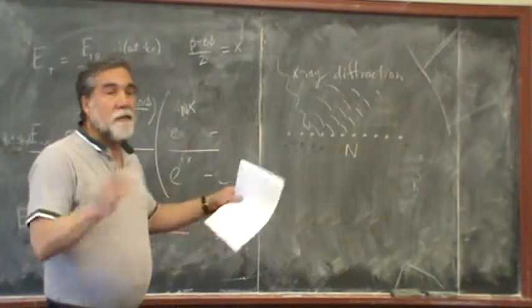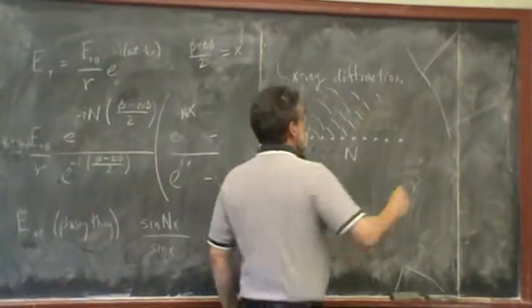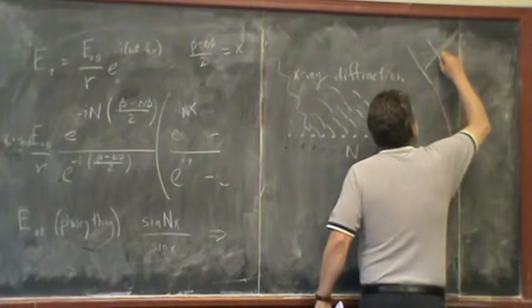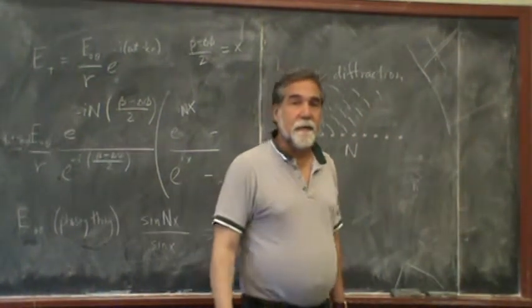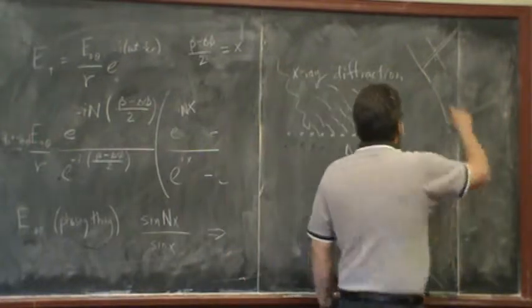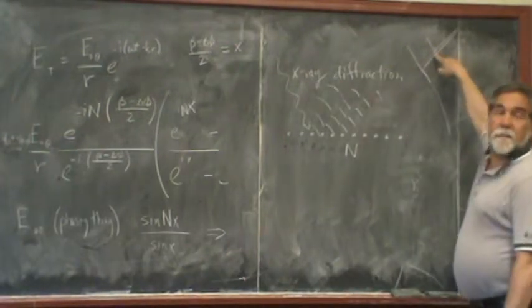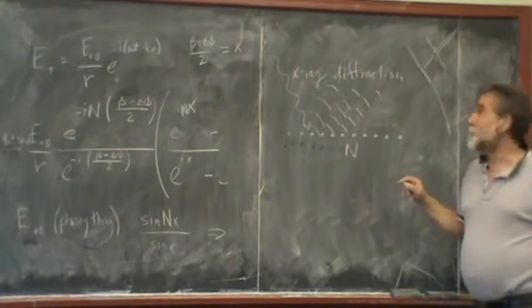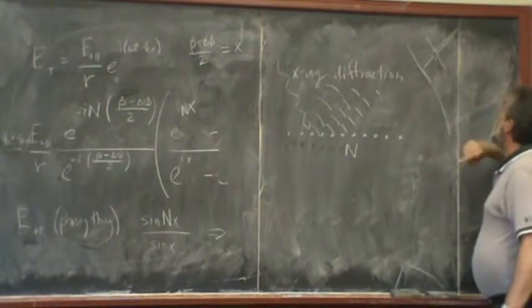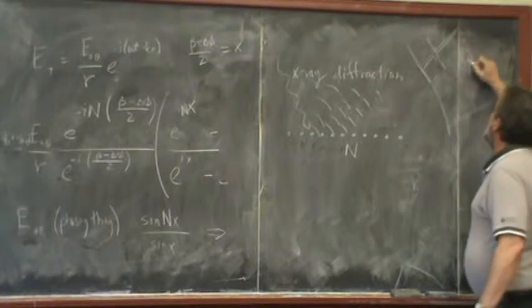The larger the sample it is, the sharper this peak is. For those of you who've seen a little bit of this, maybe in modern physics, the width of this peak depends inversely on the number of scatterers or the size of the diffraction sample. And that width has a name.